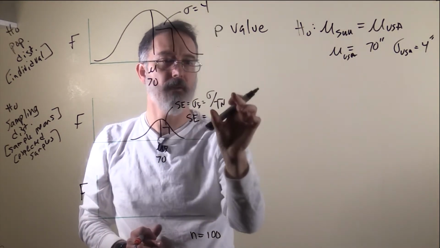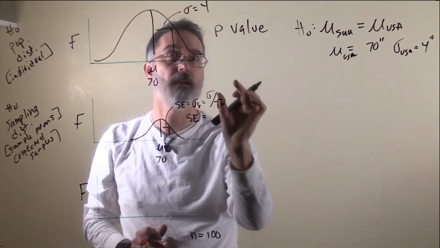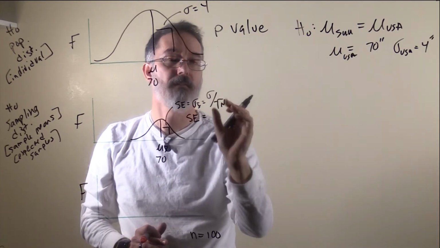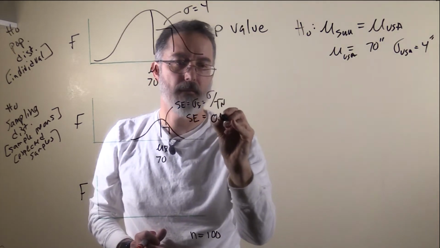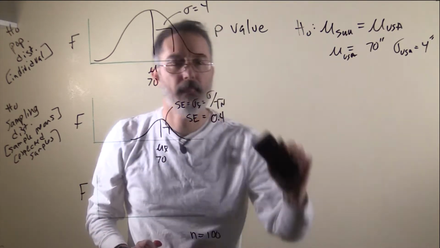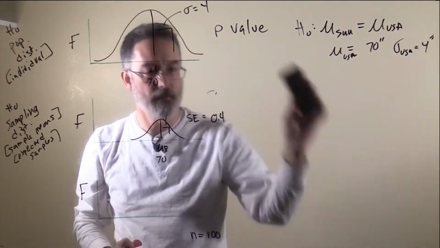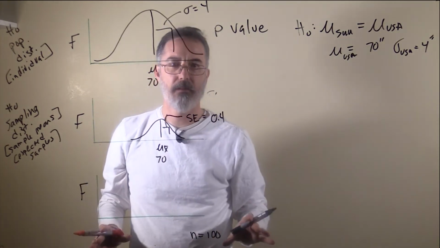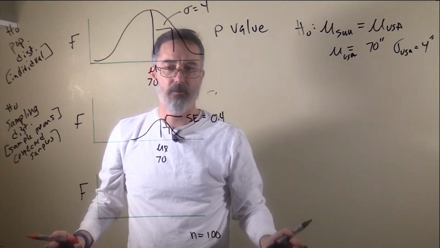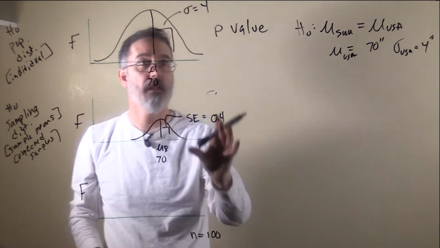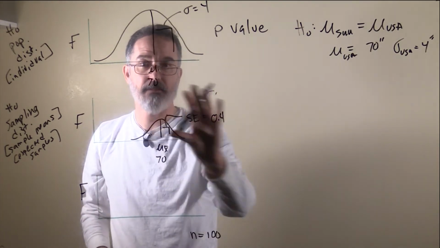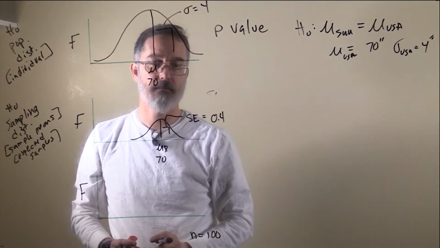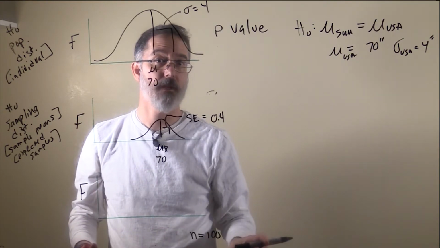So we'll have 4 divided by the square root of 100, 4 divided by 10. 4 divided by 10 is 0.4. All right, so this is the scenario we'll start with, and then what we'll do is we'll calculate p-values for different samples that we observe and look at how that affects whether or not we reject the null hypothesis.